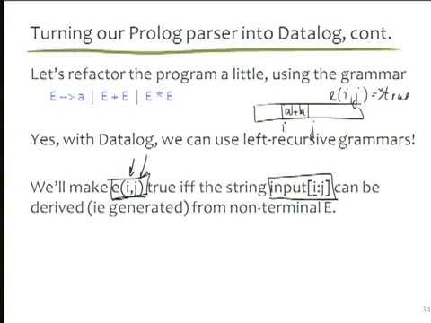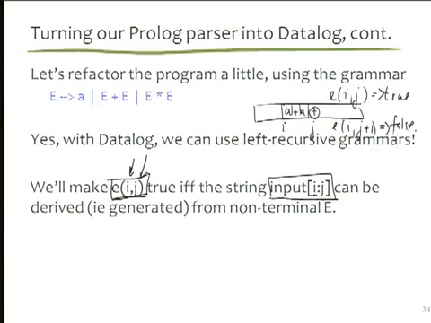Clearly, if this here is a plus, then is Eij plus 1 true, when what follows it is a plus? Can I derive A plus from E? It's not a string derivable from E. It's not an expression, right? There is this hanging plus. So this would be false.